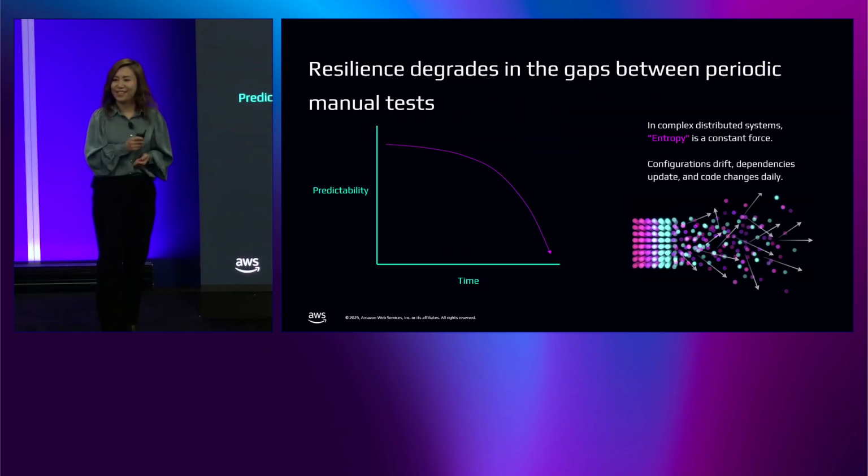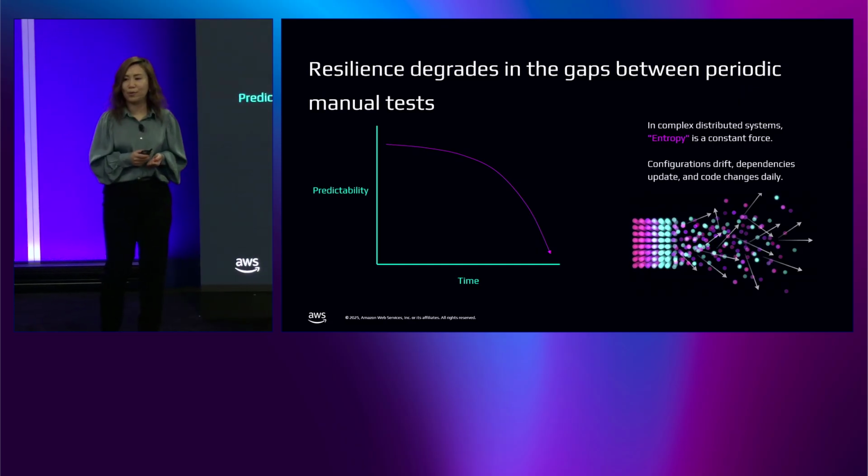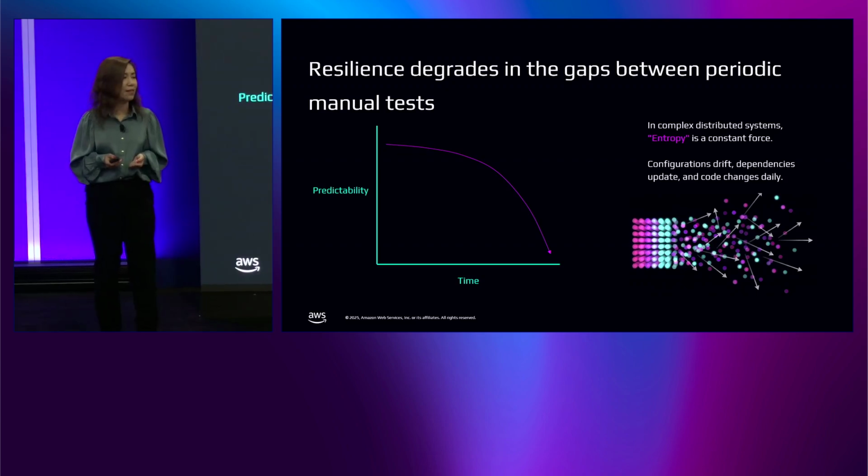Now, here's a challenge with point-in-time chaos testing. In a complex distributed system, entropy is constant. Code changes daily. Configurations drift. Dependencies update. If you only test during, let's say, your quarterly game day, you are creating a resilience gap.